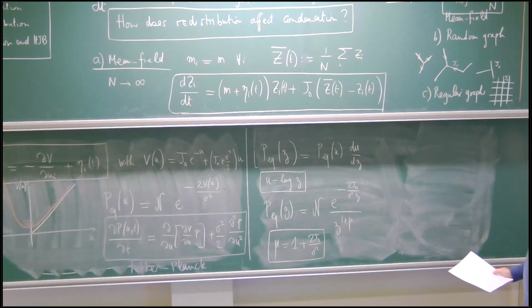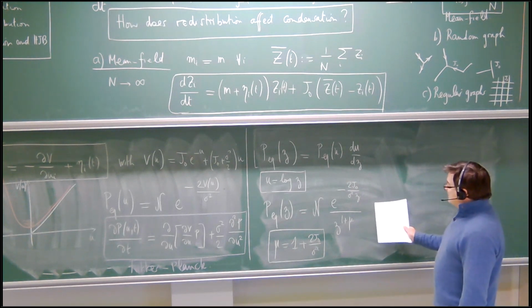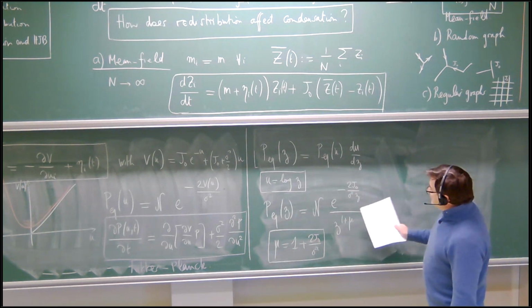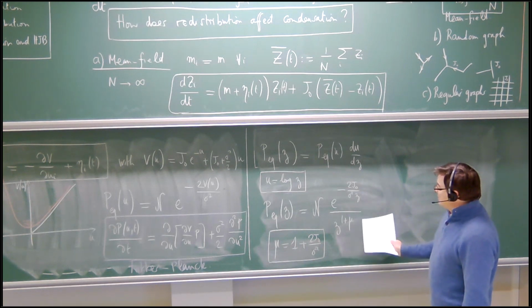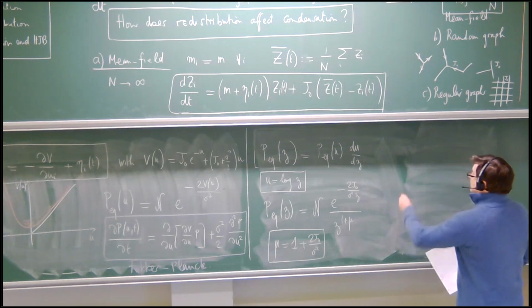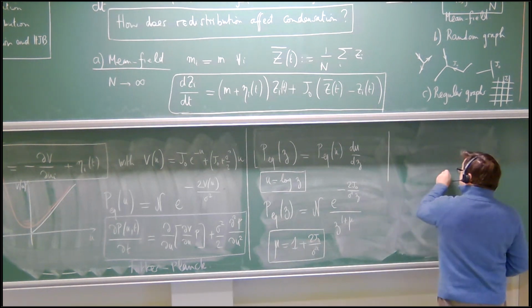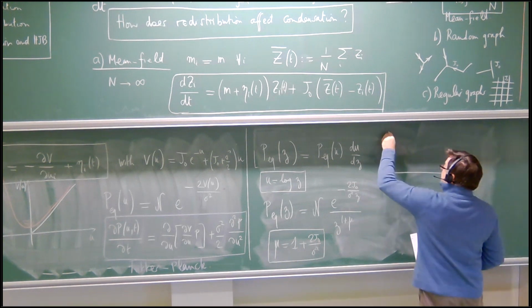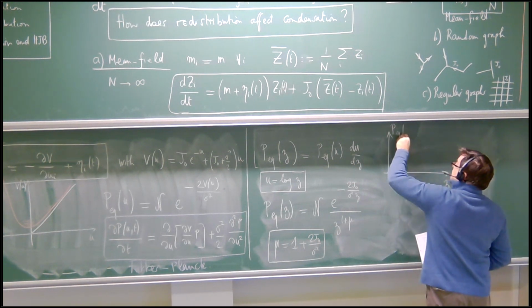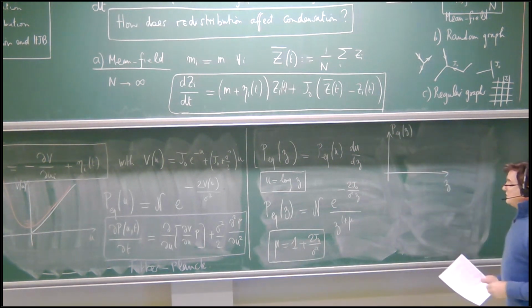Okay, so what do I get here? I get exponential of minus 1 over Z on the top and a power law on the bottom. So if I plot here P of Z, the equilibrium of Z, what does this look like?